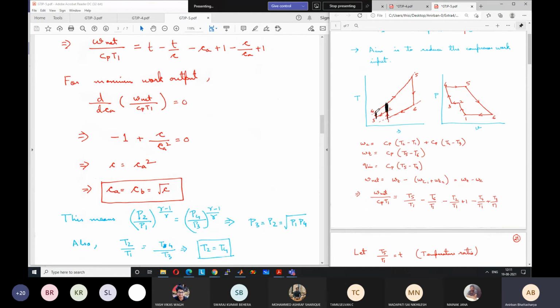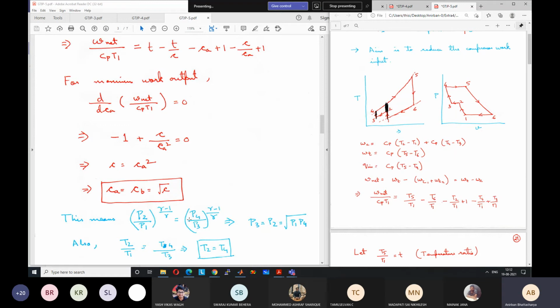If the pressure ratio CA is equal to CB, it also means that RA is equal to RB. So if the pressure ratios are the same across both the compressors, we get the maximum work output. This is similar to the reheating case, where if the pressure ratios are the same across the turbines, you get the maximum work output. You can find the intermediate pressure, because CA equal to CB also means that P2 by P1 to the power gamma minus 1 by gamma is equal to P4 by P3 to the power gamma minus 1 by gamma.